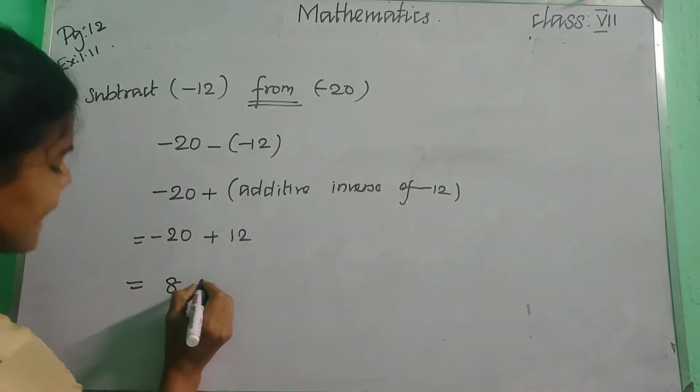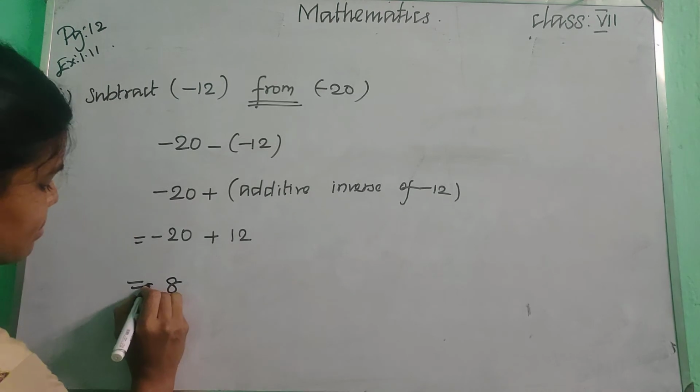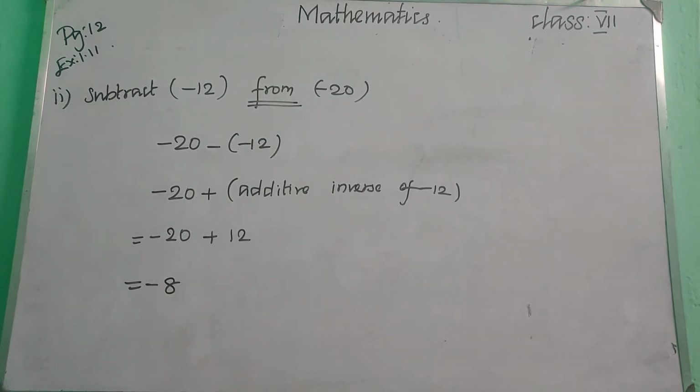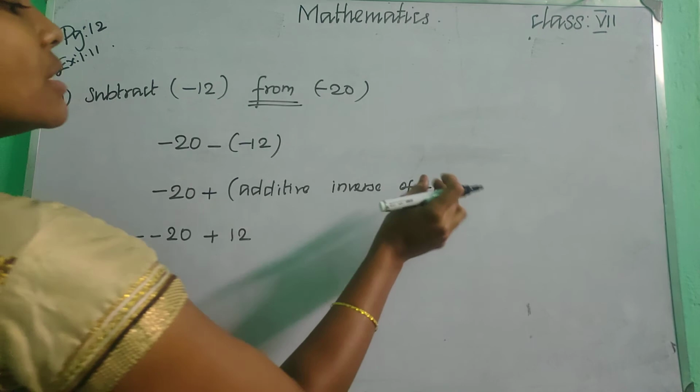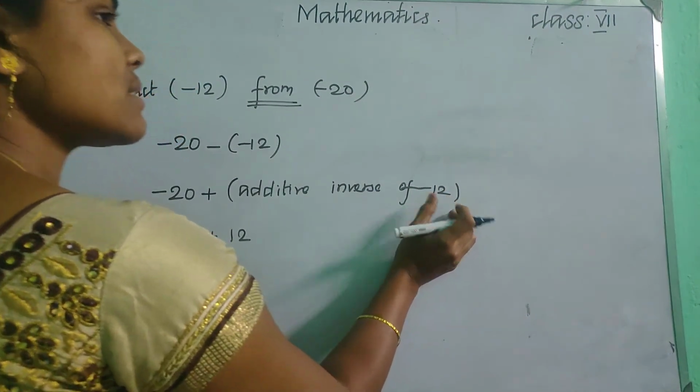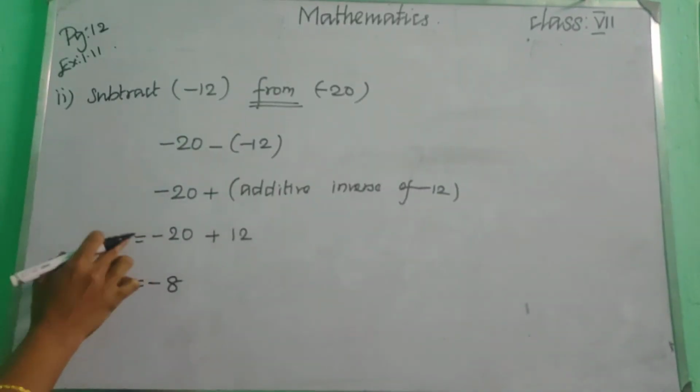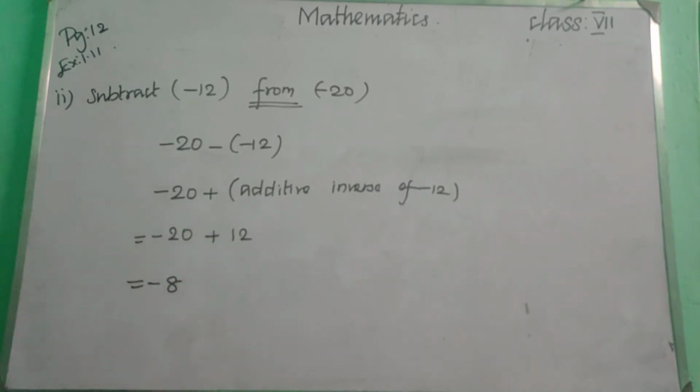So the greater number sign is minus, the answer is minus 8. Okay children, is it clear? So what is meant by additive inverse? Additive inverse means it's nothing but the opposite sign. So the additive inverse of minus 12 is 12, so we have written as minus 20 plus 12. Okay, is it clear? It is the example 1.12.